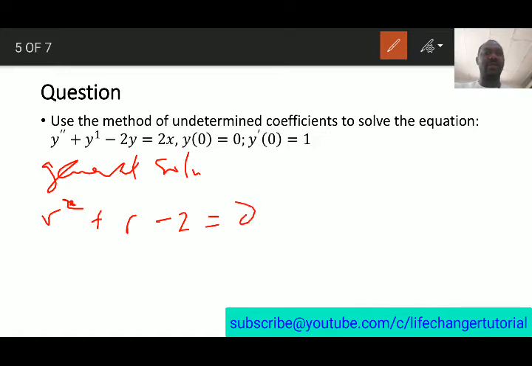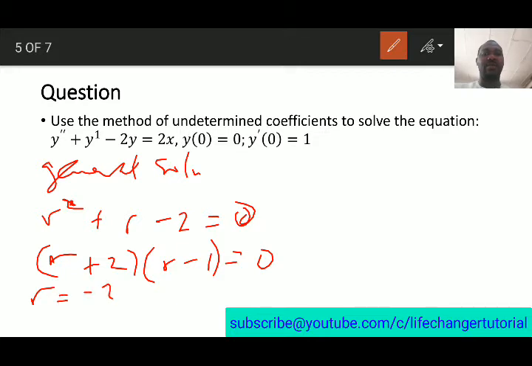Equal to 0 makes it the general solution. Now let's see, are there values we can use here to factorize this? It should be (r plus 2)(r minus 1) equals 0, because 2 times minus 1 is minus 2, and 2 minus 1 is 1. So that works, meaning that our r is equal to minus 2 and r equal to 1.